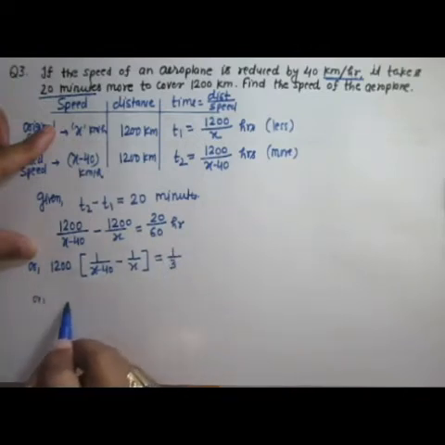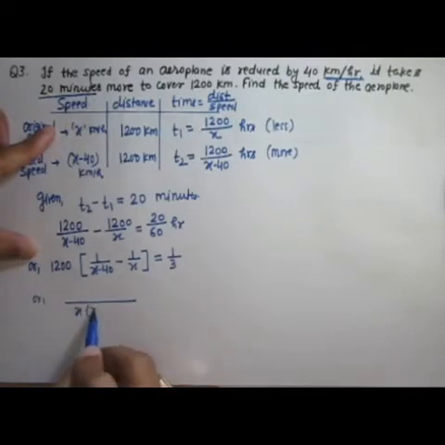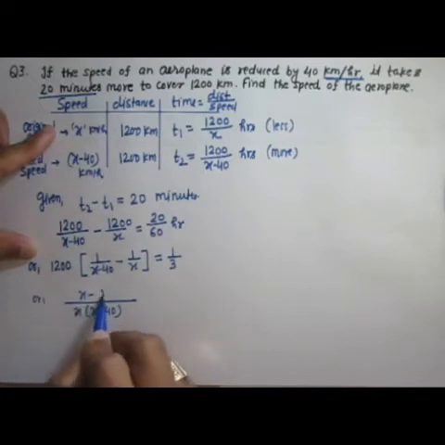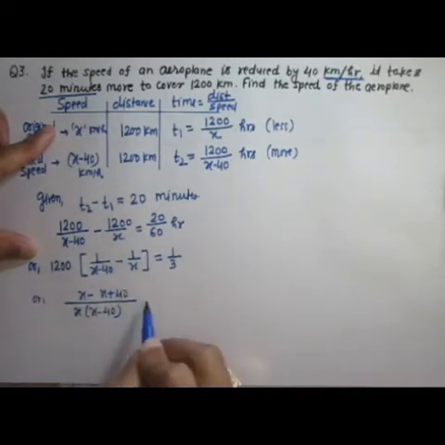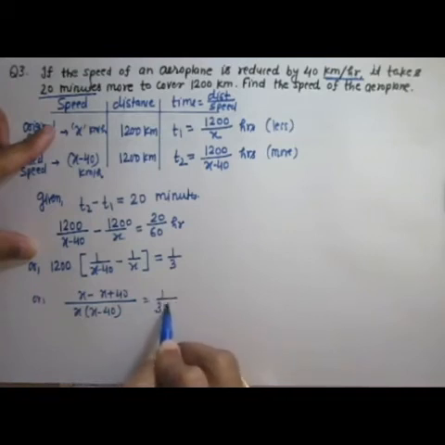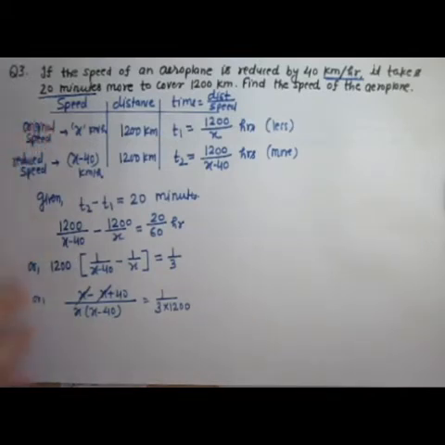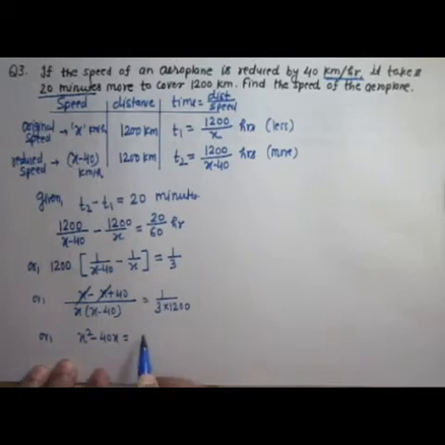Here the LCM will be x into x minus 40, giving x minus x plus 40, and shift this 1200 to the other side, 1 by 3 into 1200. So x cancels. Cross multiply: x square minus 40x is equal to 40 into 3 into 1200.